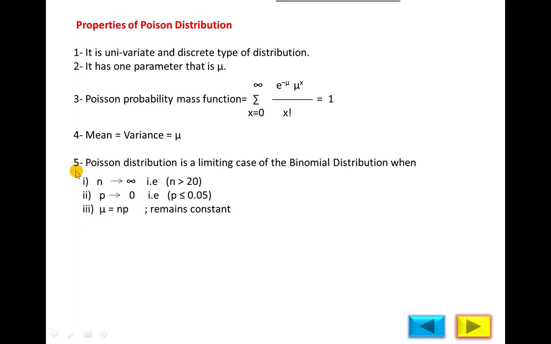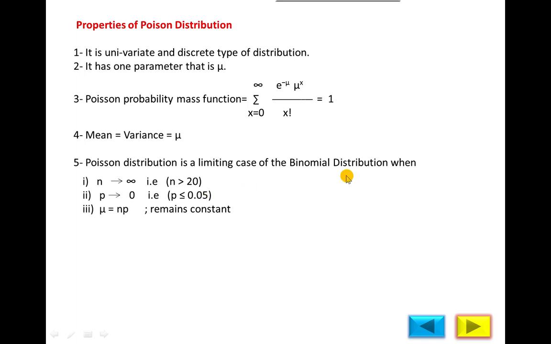Number 5 is the most important, because we will also use the Poisson distribution instead of the binomial when these conditions are satisfied. For example, Poisson distribution is a limiting case of the binomial distribution when n tends to infinity, means very large, that is n more than 20, and p tends to 0, means p less than or equal to 0.05.